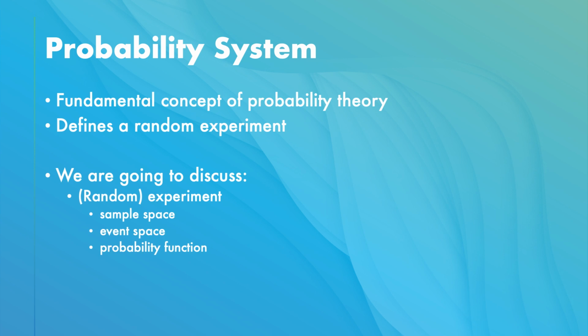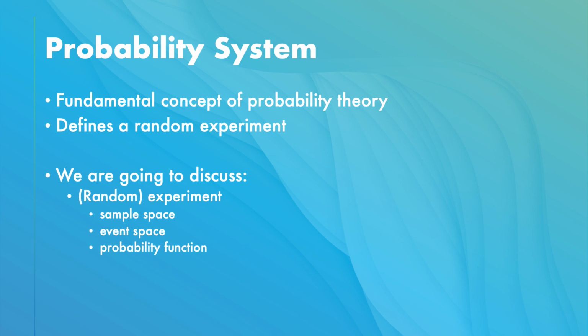But a fundamental stepping stone of probability theory is the probability system. And what is the probability system? Well, it's a fundamental concept, we already know that. And they define a random experiment. If you don't know what a random experiment is, I will explain in a bit. But essentially, a random experiment is defined by many components, by many elements.